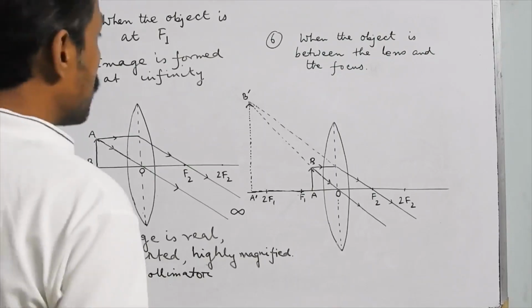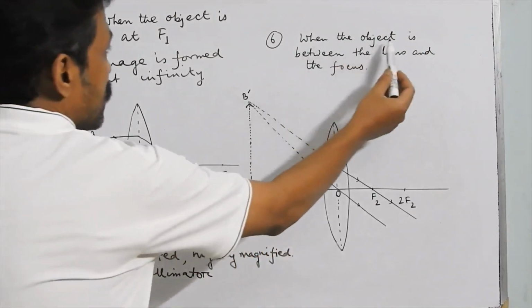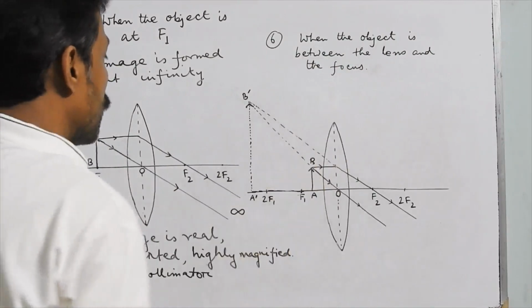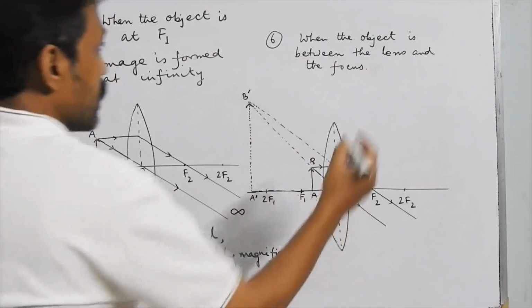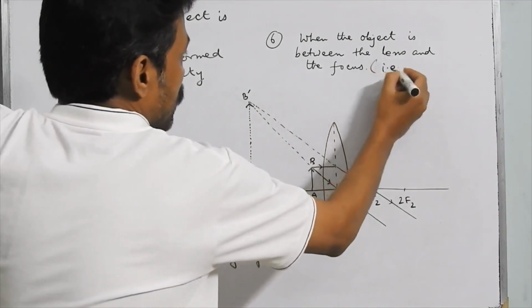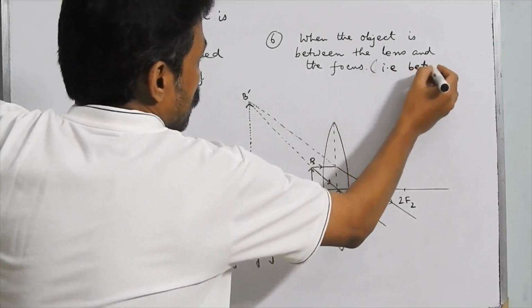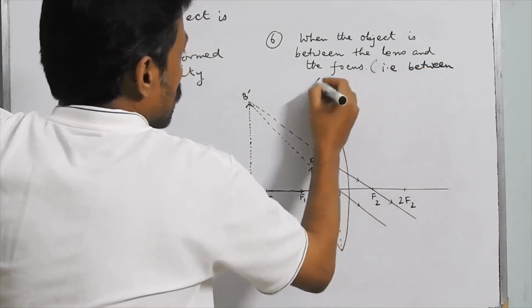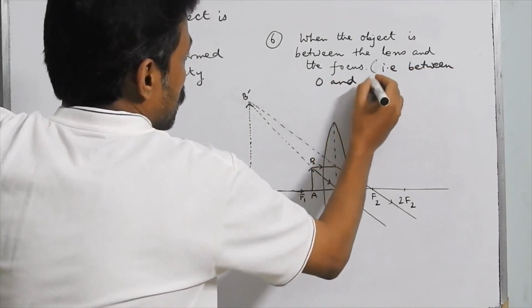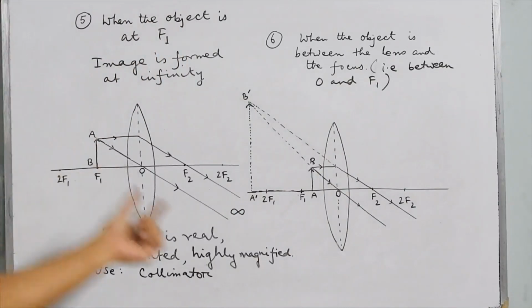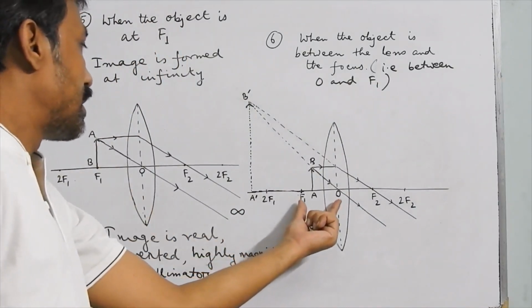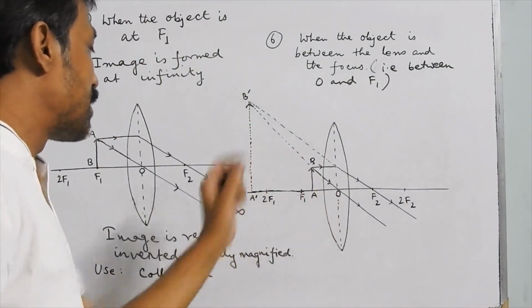The next ray diagram is if the object is placed between the lens and the focus. That means it is placed between the optical center O and the first principal focus F1. So between the optical center and the focus, an object AB has been placed.